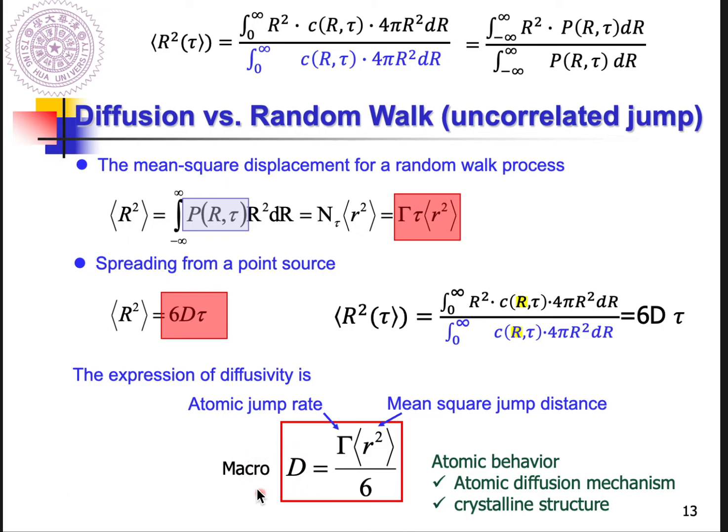So you successfully link the macro scale material property with the micro scale material property. I believe you can explain why your material has higher or lower diffusivity. It will depend on the different diffusion mechanism and crystal structure. Okay.